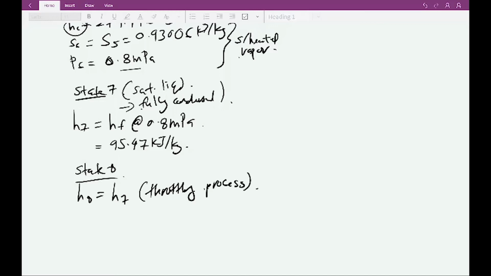Throttling means that we drop the pressure without losing any energy in terms of enthalpy. So h8 equals h7, 95.47 kilojoule per kilogram.